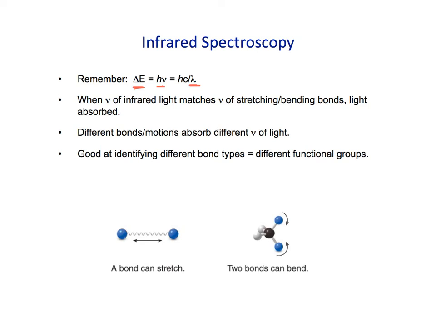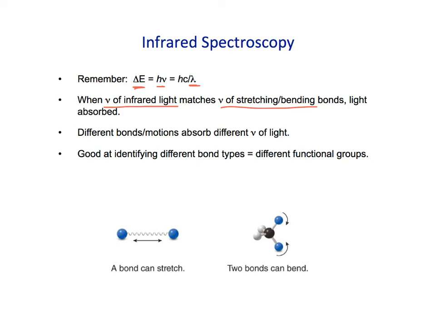When a frequency of light matches the frequency of a motion within the molecule, either stretching of bonds or bending of bonds like this, then that light can be absorbed. But the frequency of the light has to match the frequency of the motion to be absorbed.